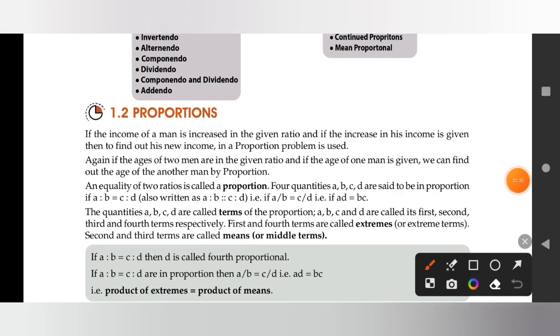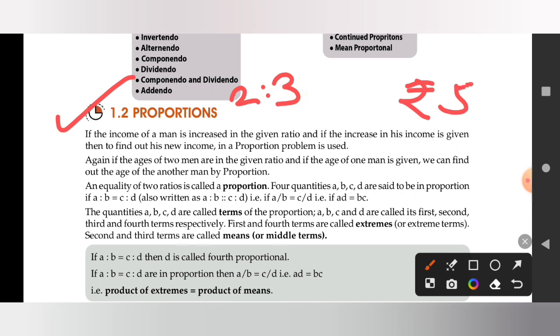Proportions. If the income of a man is increased in the given ratio, let's take it as 2 is to 3, and the increase in his income is given, suppose rupees 50. Find out his new income. So how are you going to solve? 2 is to 3 is given, the increase is given.